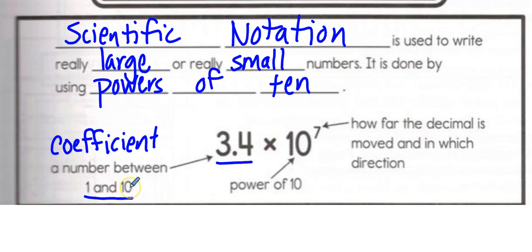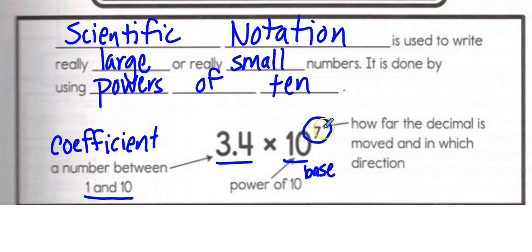And it can't be 10. It can be up to 9.99999. All right, and then we have our power of 10. We always use 10 as our base when we're dealing with scientific notation. And then we have this number here, which is our exponent, which tells us how far the decimal is moved. In this case, it's being moved 7 places, and in which direction.